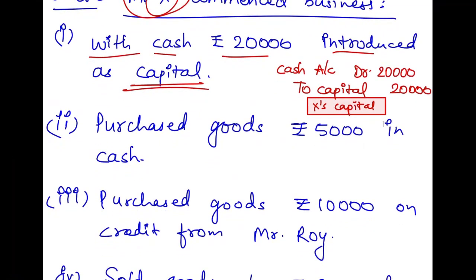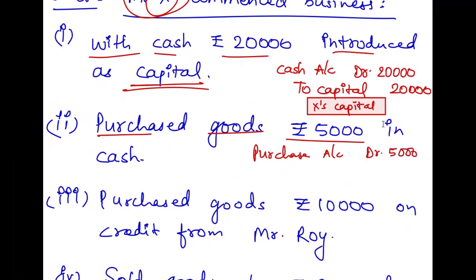Perfect. Second, purchased goods. If I purchase the goods coming in, I will feel happy. So the purchase account would be debited with 5,000.